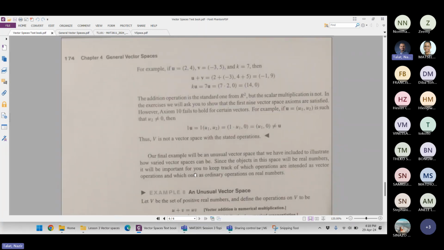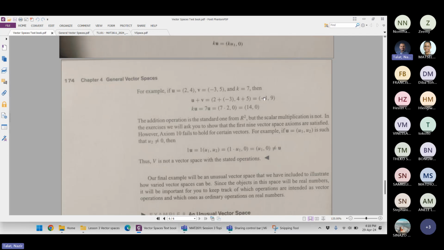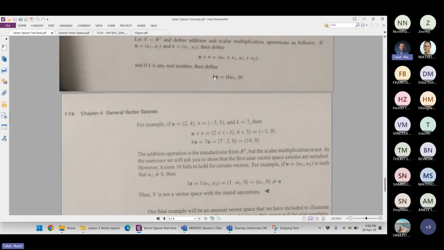Now if u is 2 comma 4, and we multiply 1 times 2 comma 4, the answer will be 2 comma 0, because the multiplication is only allowed as ku equal to ku1 comma 0. The rest of the entry becomes 0. So 1 times u is equal to 2 comma 0, which is not equal to u, which means axiom number 10 fails.